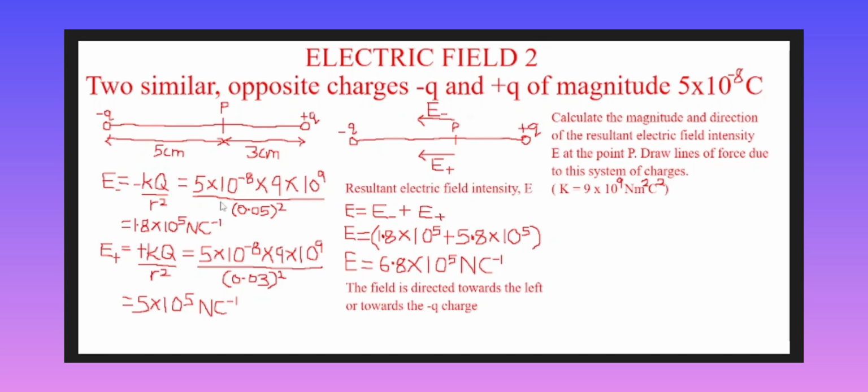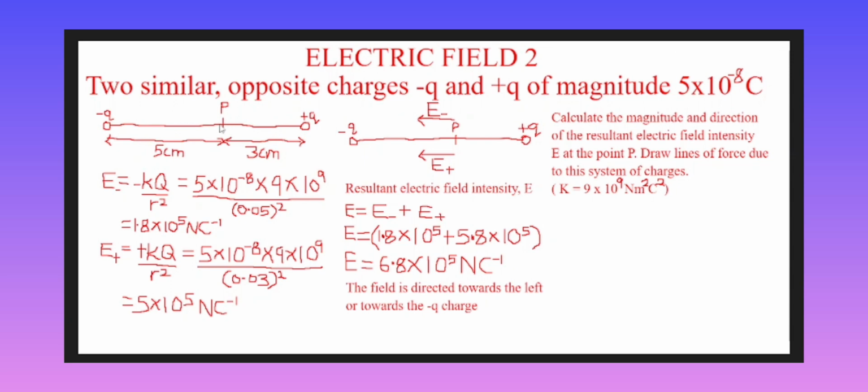This tells me that if I put a positive test charge at point P, the direction in which the positive test charge will move is towards the negative charge, and of course that shows an attraction.